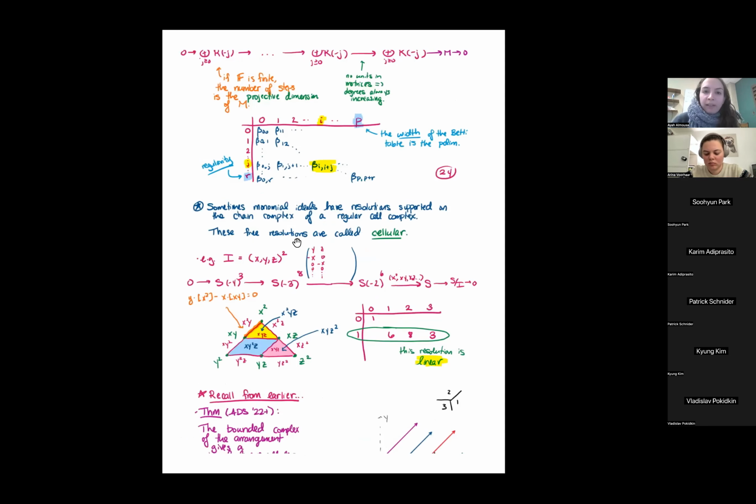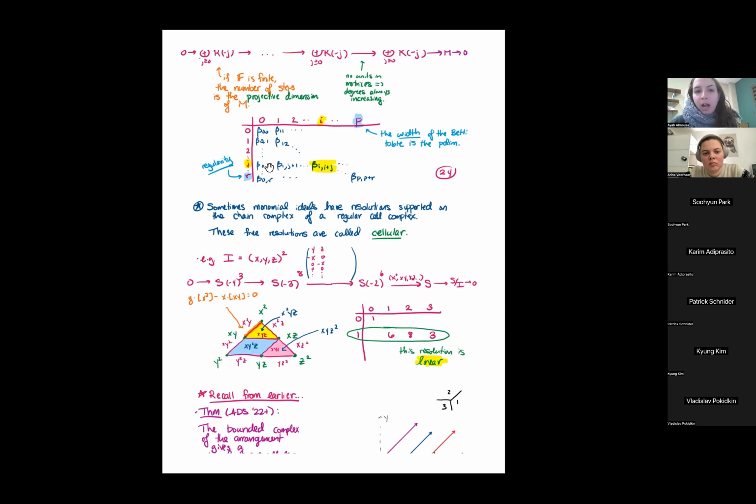When I assemble these into a table, notice that because I don't want any units in the matrices, I have to shift by a positive degree at each step. So this is why the indexing is a little funny, if you've never seen Betti tables before.